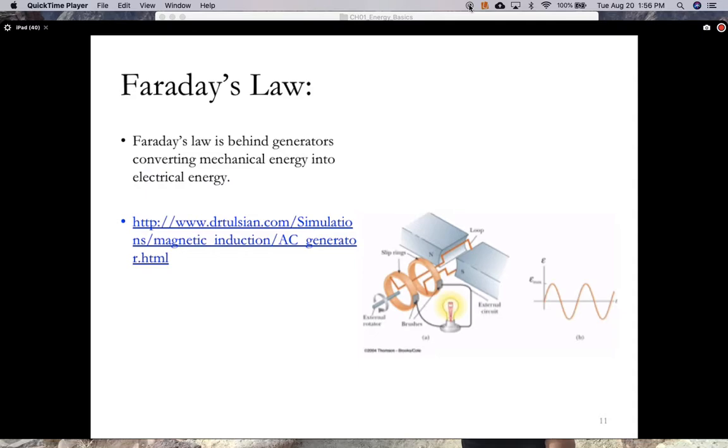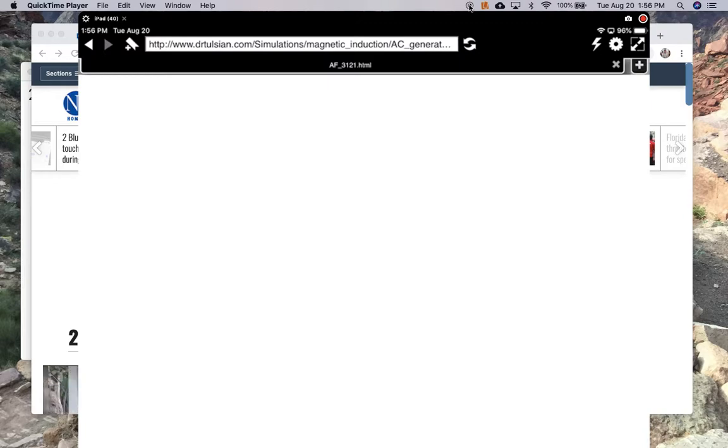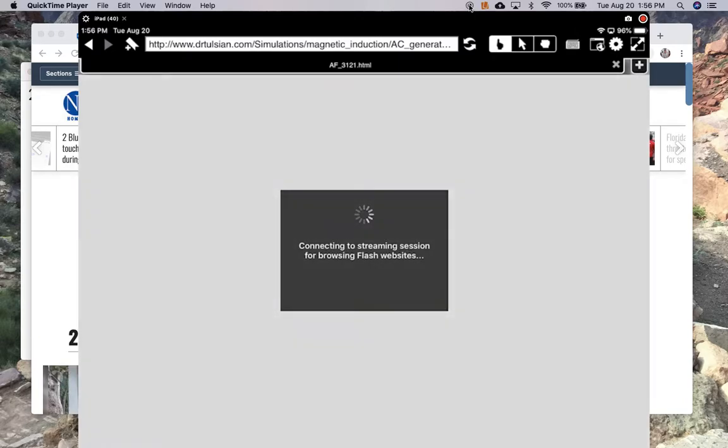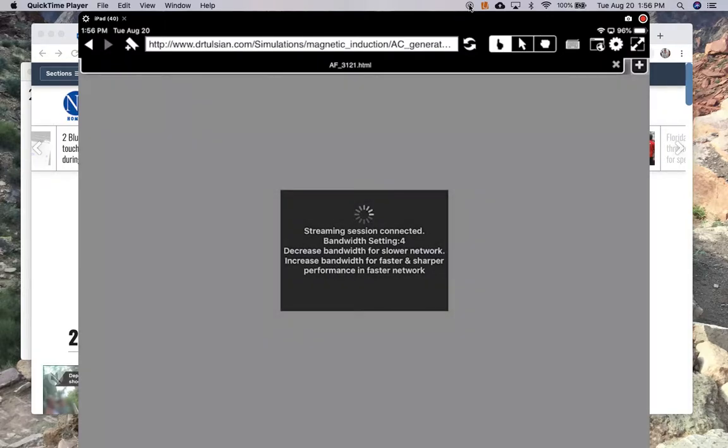All right, so the way we produce electrical energy is based on the principle of Faraday's law. Let me show you a simulation that shows how all electricity is currently produced.